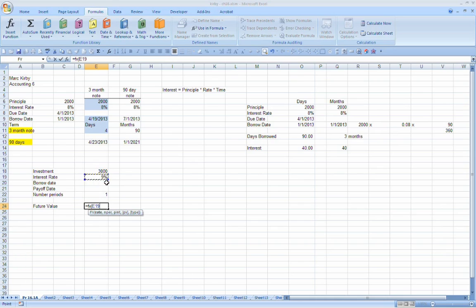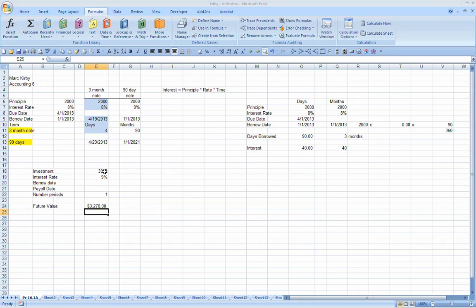Future value of the rate at 9% for 1 period, and the payment, there is no payment, remember, so it's 0. And the present value, cash flow out, so it's minus 3,000, enter.